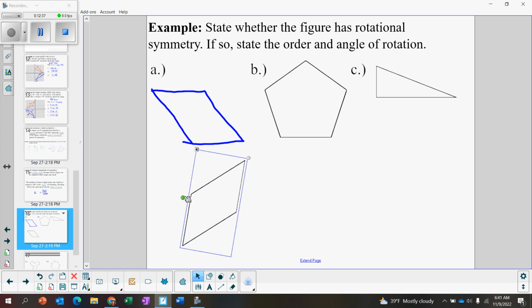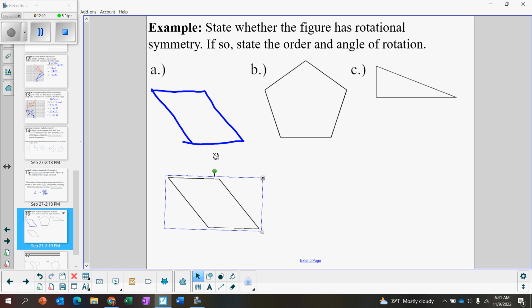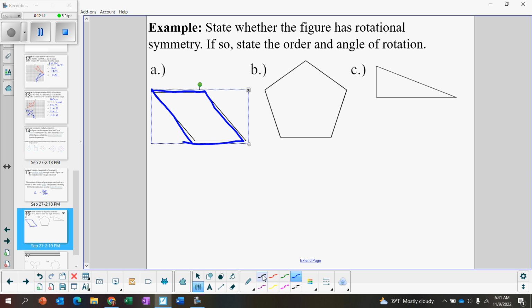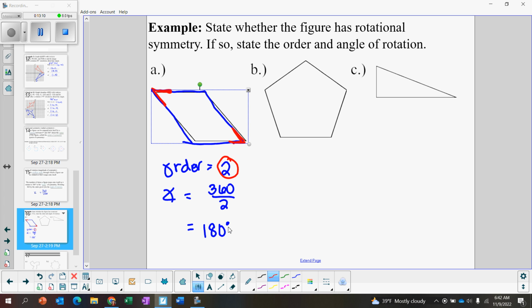So I'm going to keep turning, and now it's back to its original position. That means twice within that time it looks the same, so the order is 2. And the angle would be 360 divided by 2, which is 180 degrees. Also, this picture had 2 congruent pointy parts that were exactly equally spaced. That's how we end up with an order of 2.